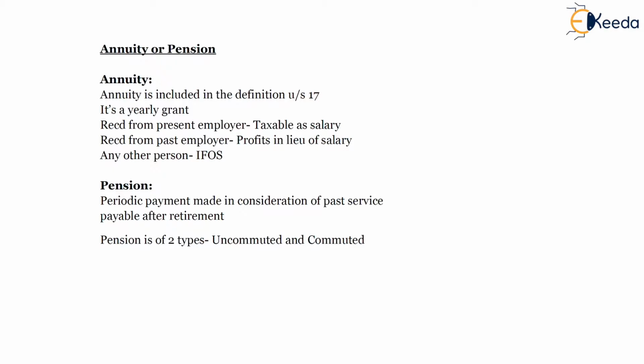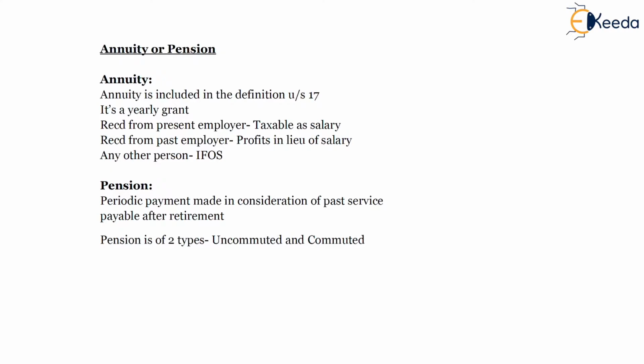Now friends, annuity or pension, we have understood previously under section 17(1), the definition of salary, wherein salary includes annuity or pension, which is coming from sub-section 1 and clause 2, right?